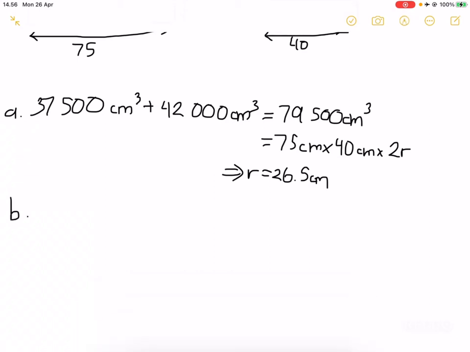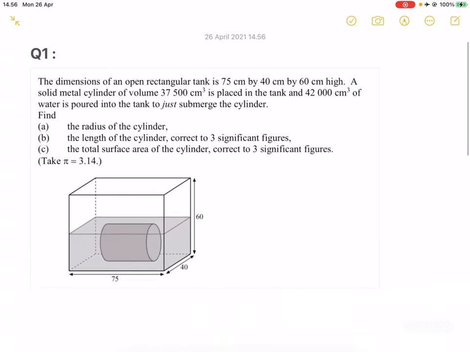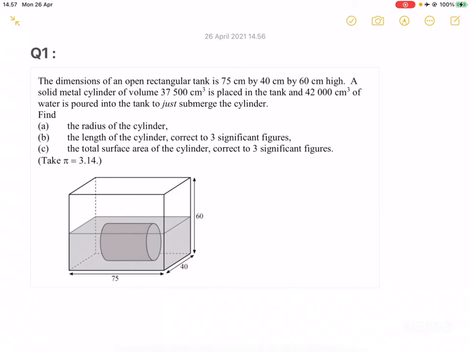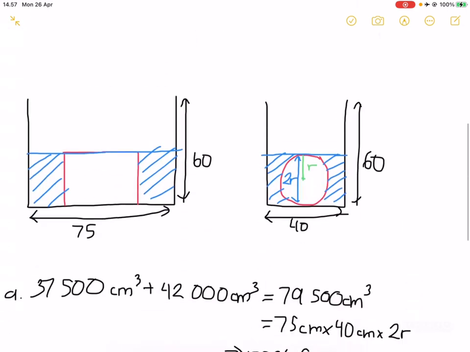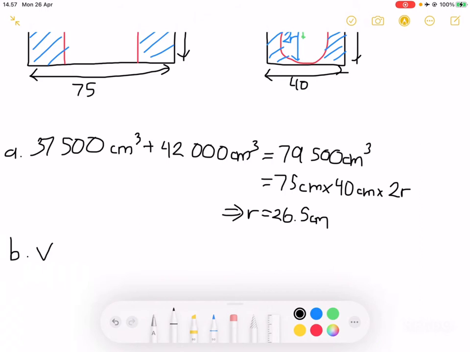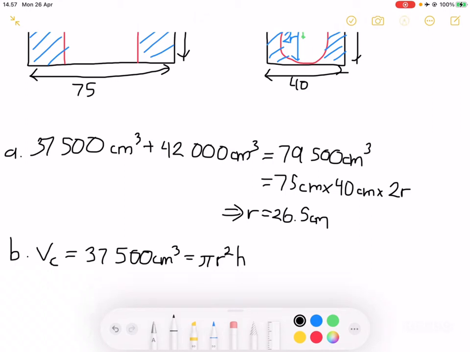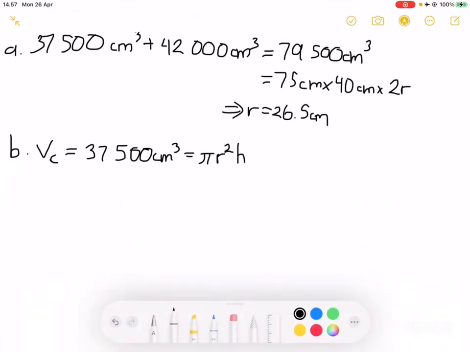For part B, the height of the cylinder, well, that's fortunately way easier than part A. So we know that the volume of the cylinder, I'll just denote that as VC, is 37,500 centimeters cubed. And by using the formula for the volume of a cylinder, it is pi times r squared times h, where r is the radius of the cylinder and h is the height or the length of the cylinder.